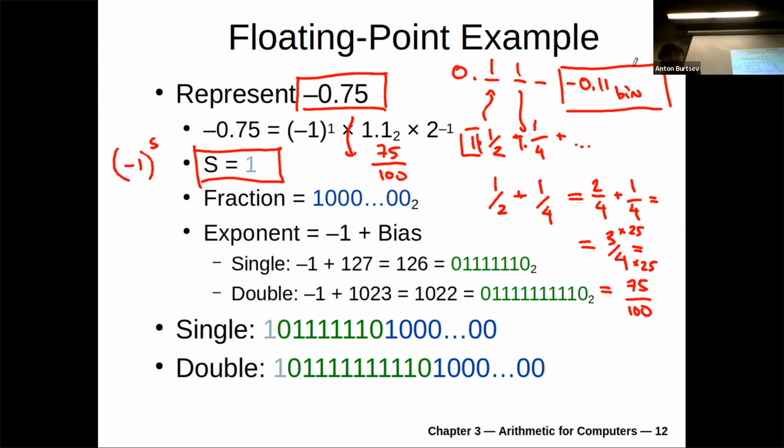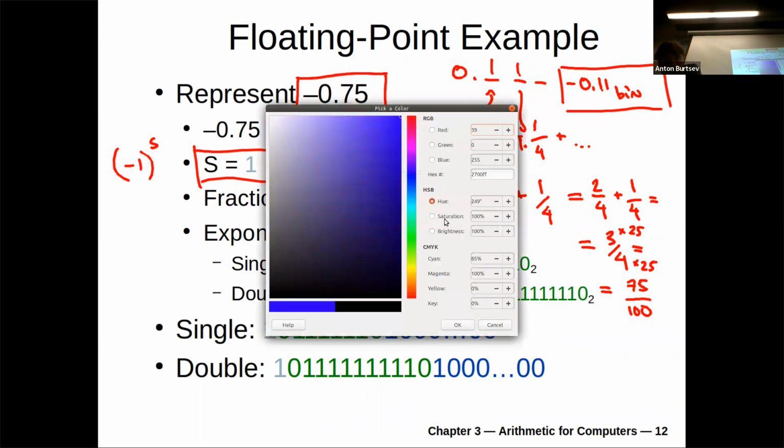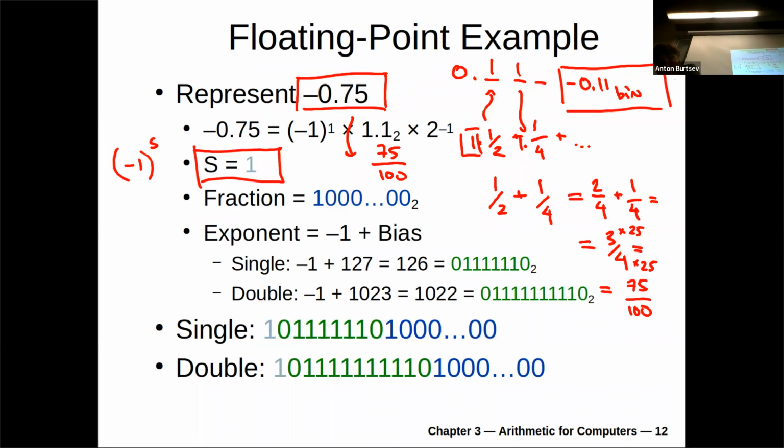Let me change the color here so we keep track of two stages of this computation. This is not a normalized form, because our normalized form will be negative 1.1, right? That's how we want to represent it. Since we did that, we multiply this number by 2 to the negative power 1.